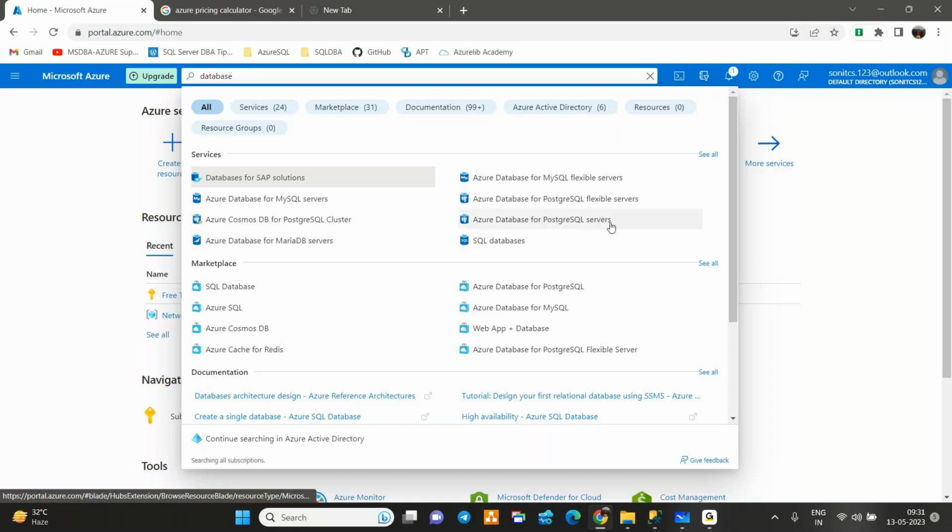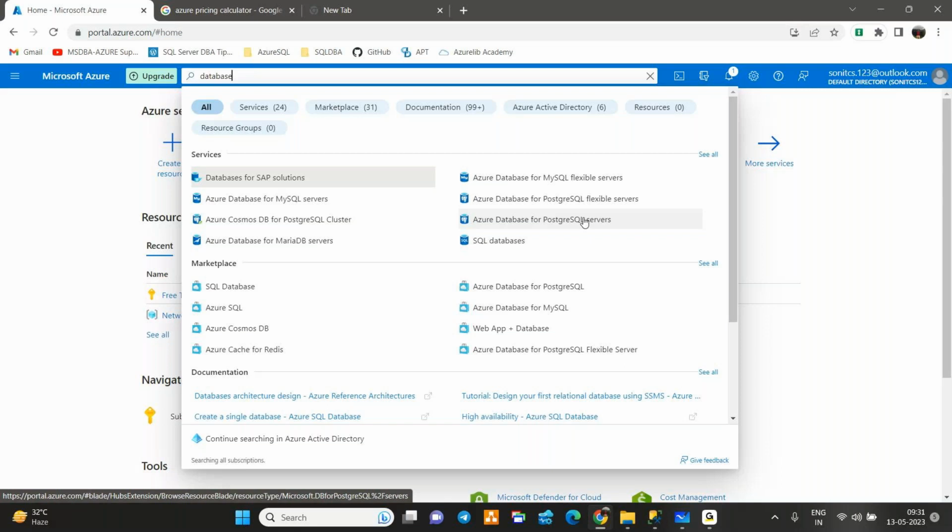So you will get n number of database as a service. Out of this, our service is SQL database. We are not deploying MySQL, PostgreSQL, or Maria. We are deploying SQL Server database. So let's choose SQL database.